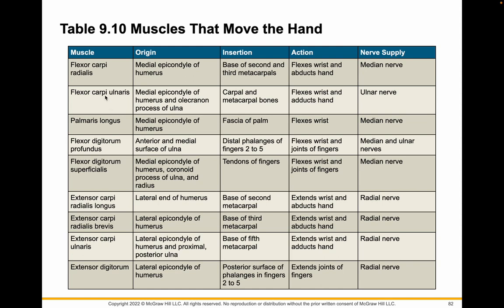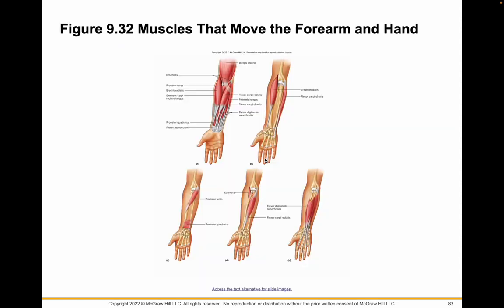I think you need to know a few of these that move the hand. They kind of tell you what they do and where their origin and insertion is. So there's our brachialis and brachioradialis right here along the radius bone.